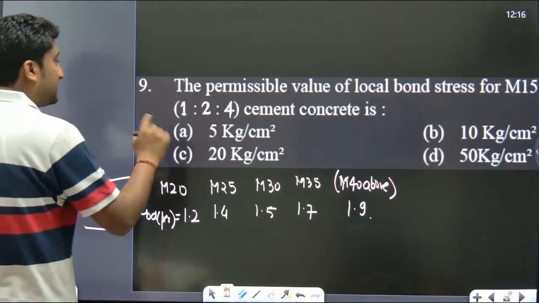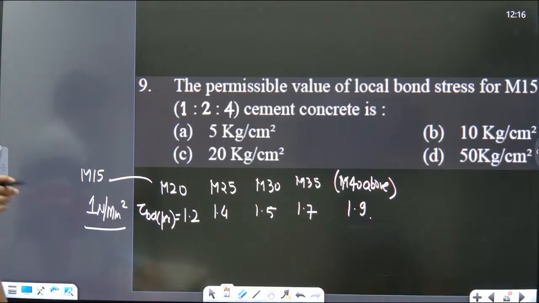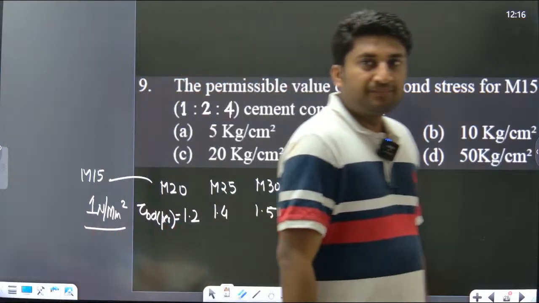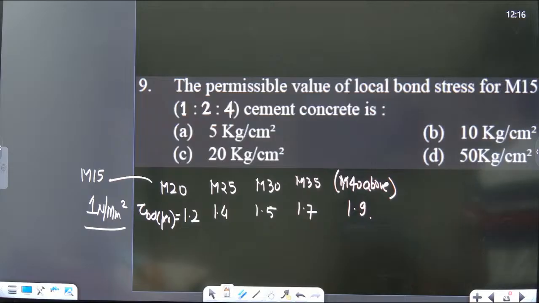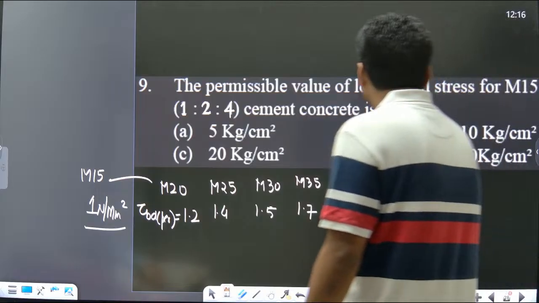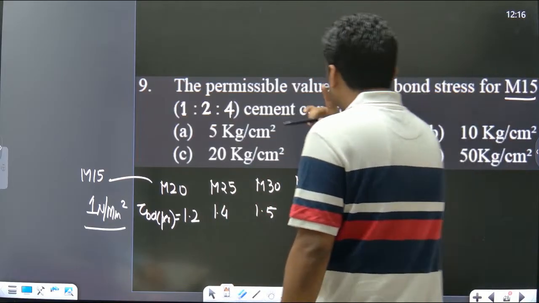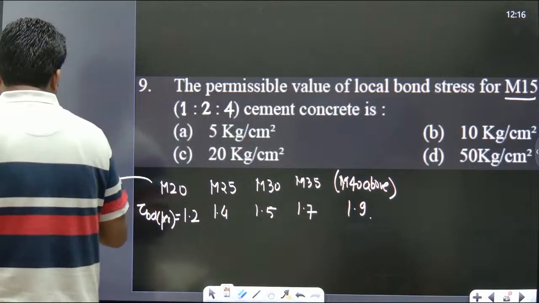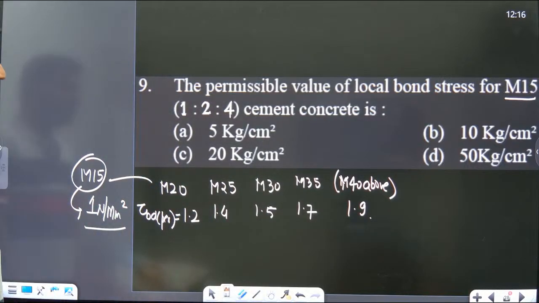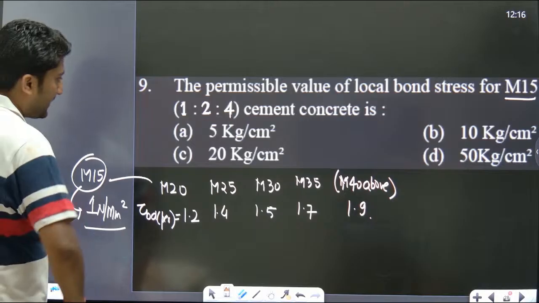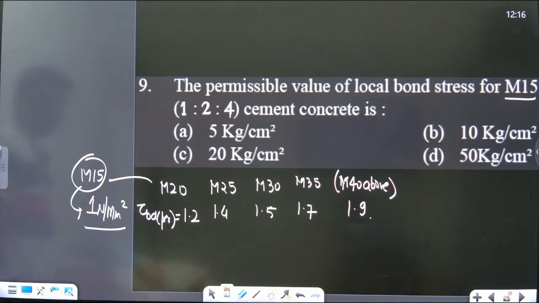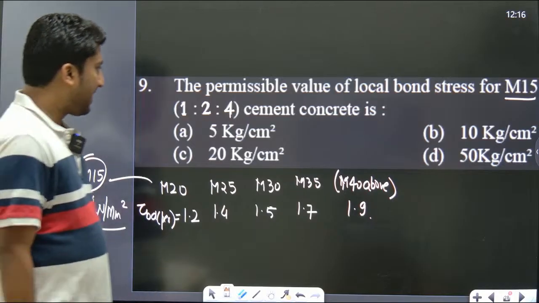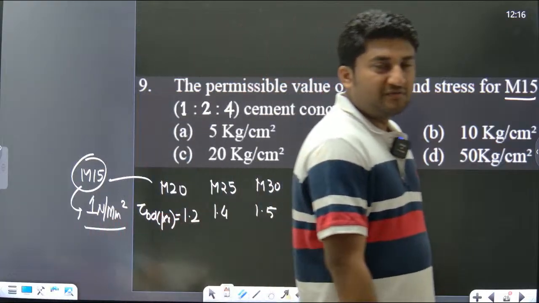You need to convert this into kg per centimeter square. You are asked about M15, so the permissible value is 1 Newton per mm square. Convert this into kg per centimeter square, and take the value of g as 10.